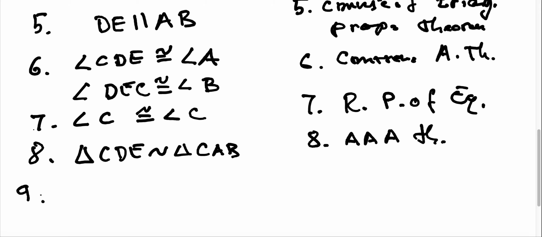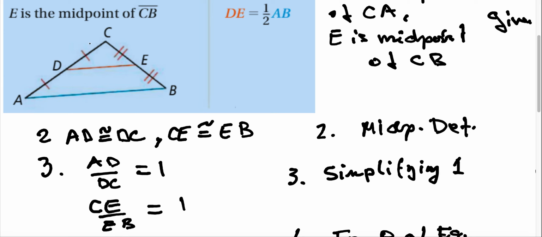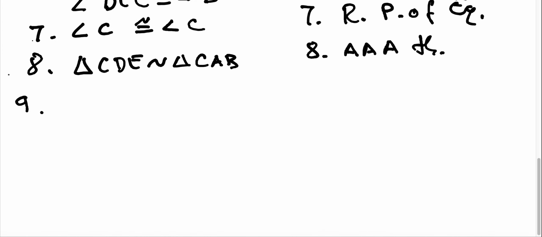Number 9. We are looking at the side of the small triangle DC over DC plus DA, which is equal in proportion because the triangles are similar. Those sides are proportional, so CE divided by CE plus EB are equal. In other words, their measurements are equal.